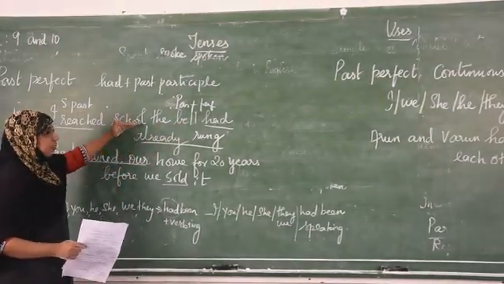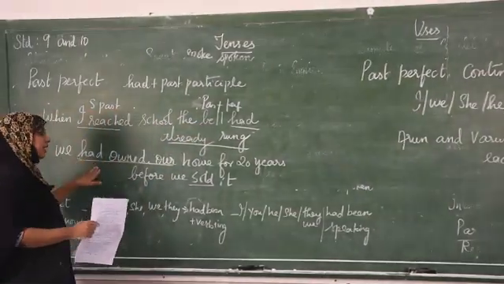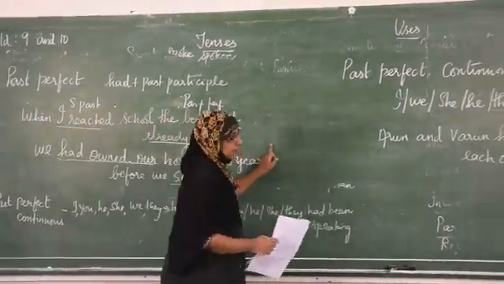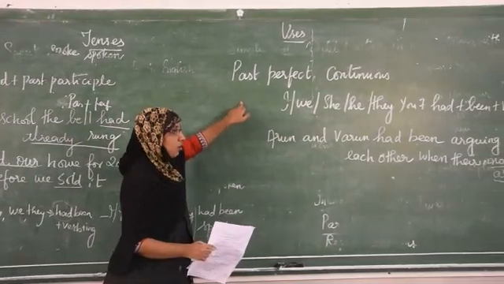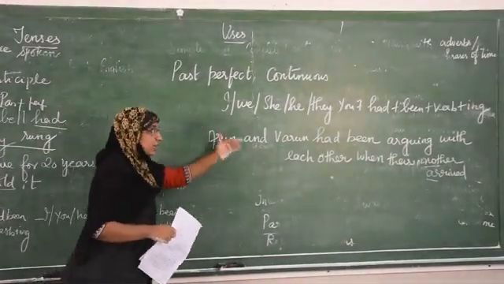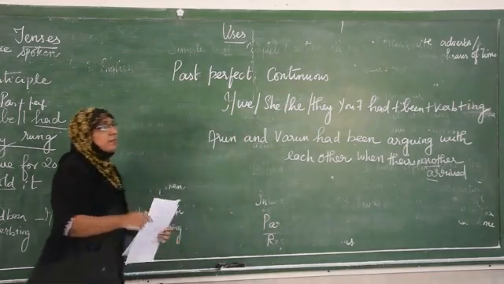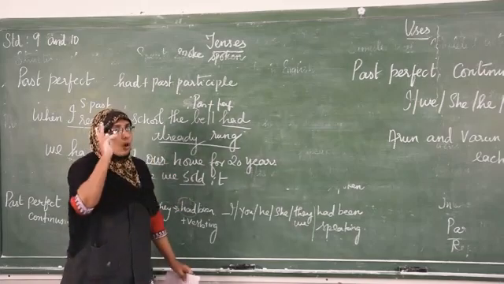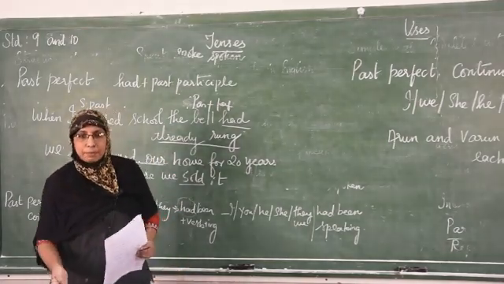This action takes place earlier. Which action takes place second here? That is reach. Same way for past perfect continuous also. The action had already begun. It was in progress, continuing, going on till another action took place in the past. So the second action will always be in simple past tense.